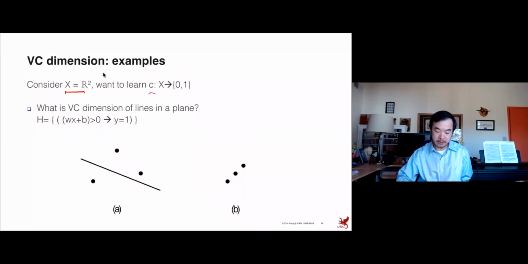So this is a space. Your line can be arbitrarily oriented and having the intersection with the coordinates and so forth. And I have 3 points. Let's first look at the 3 points, oriented in this way.